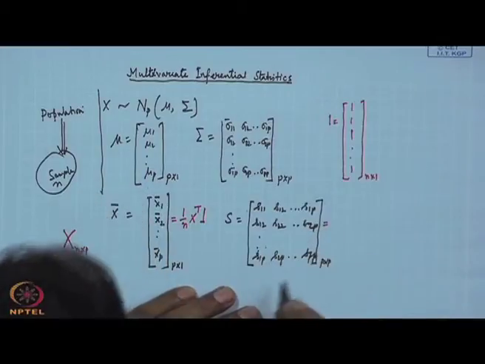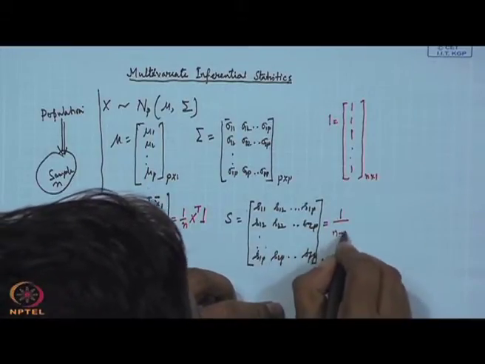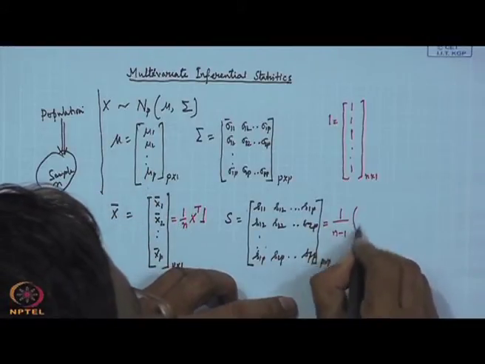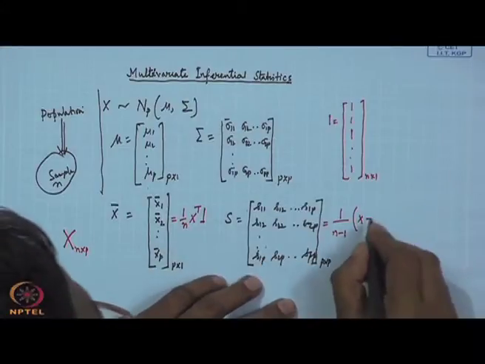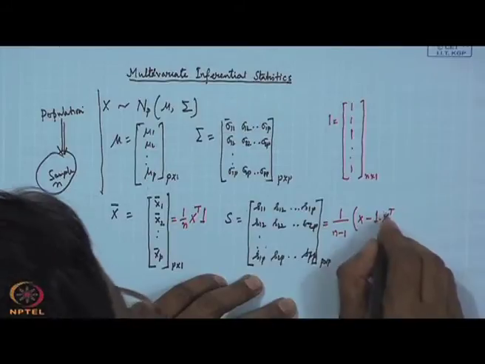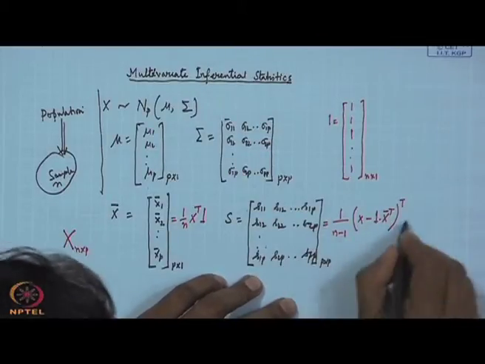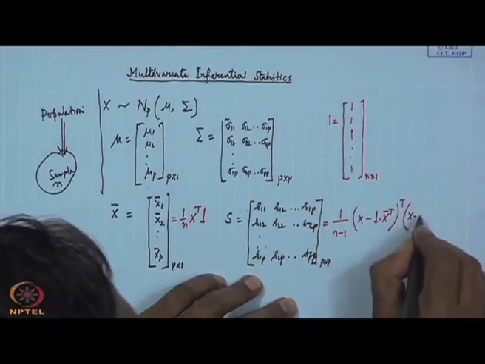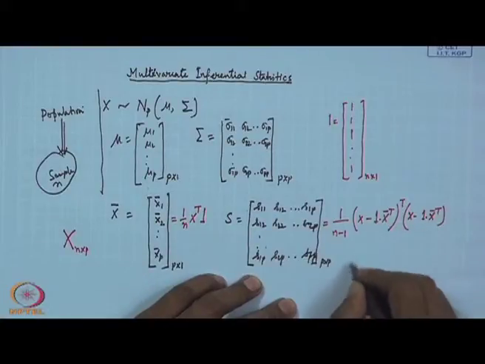For sample covariance, you have computed it like this: X minus 1 dot x bar transpose, then transpose, followed by X minus 1 dot x bar transpose, which will be p cross p. This is the formula you have used.